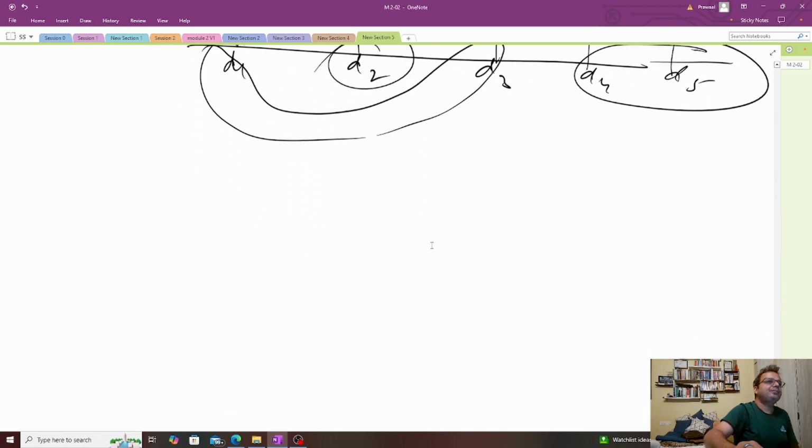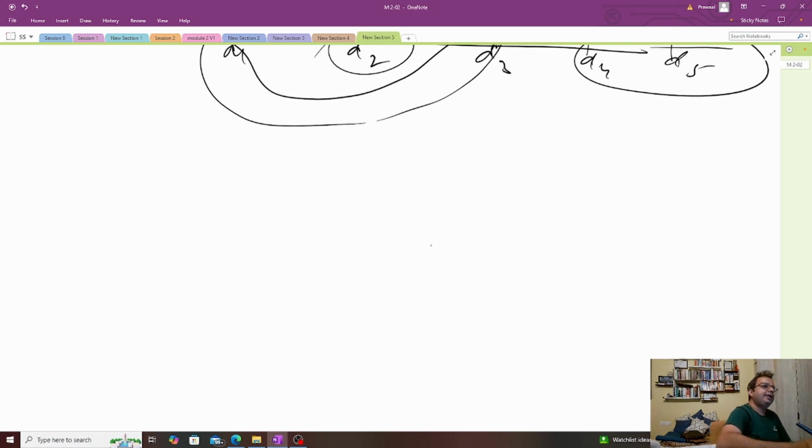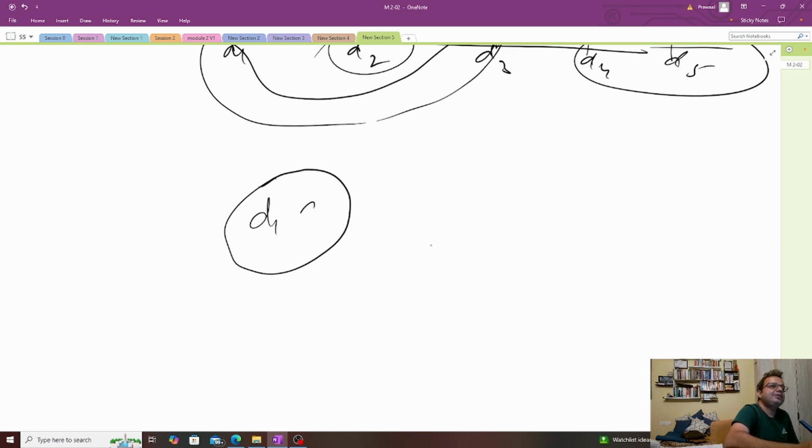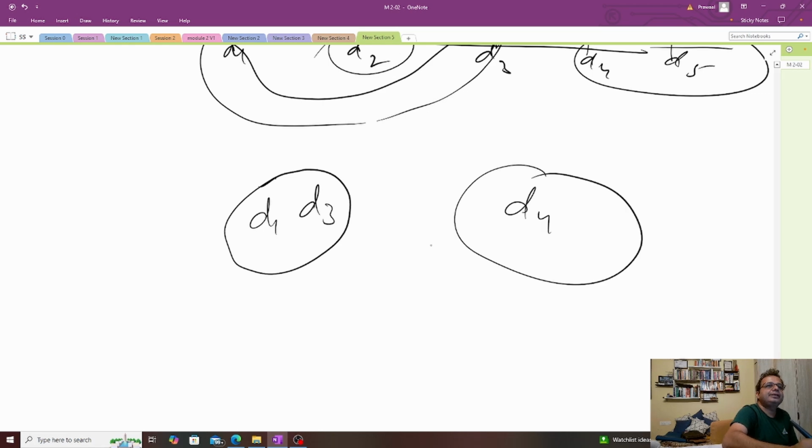One important thing to note in these calculations is what happens when clusters come together. Let's say d1 and d3 is one cluster, this is d4 and d5, and this is d2.